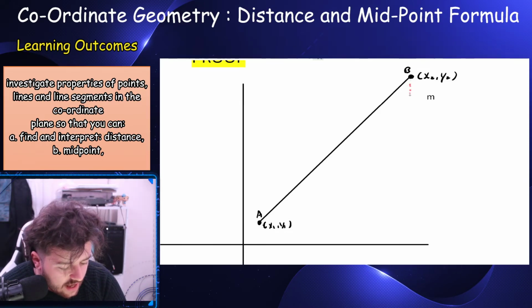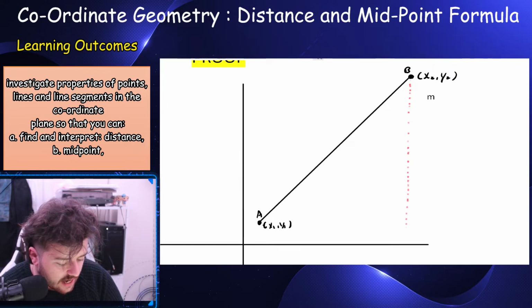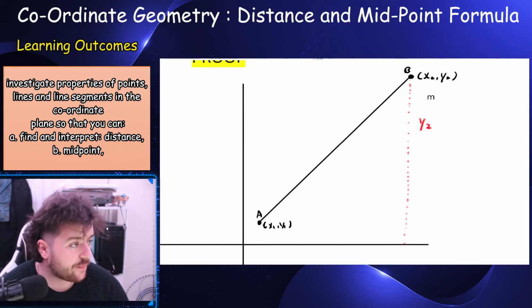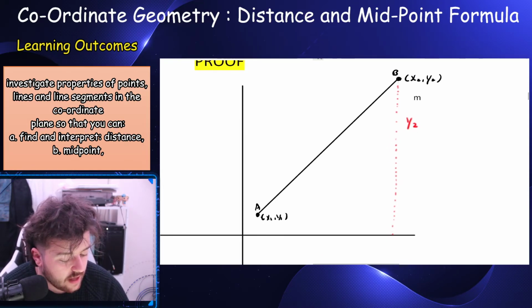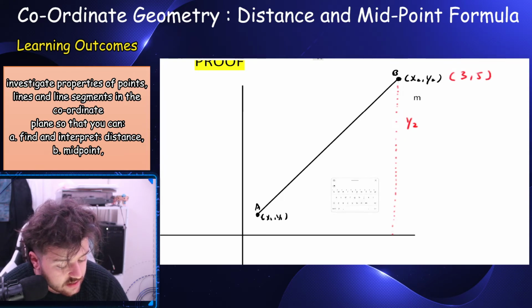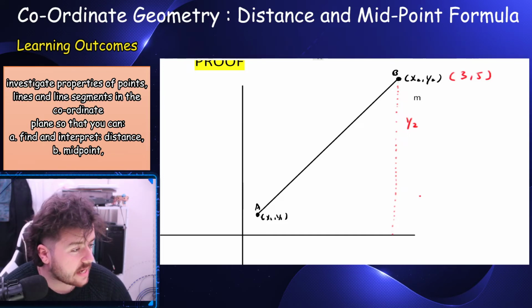Well, the length from that point to the x-axis is actually y2. Wherever my y coordinate is, that is the distance from the x-axis. For example, if B was equal to (3, 5), this would be 5 away from the x-axis.